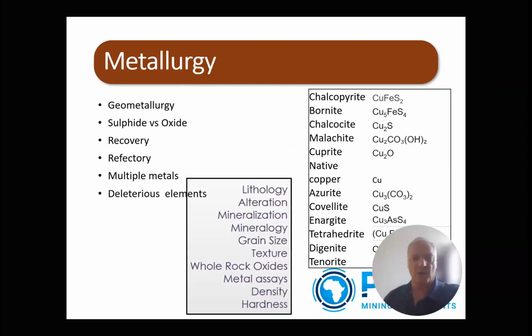Geometallurgy, I touched on briefly. So understanding the mineralogy of what is going to be extracted. Now I put up there some of the copper minerals. Now each one of those is different. They're copper oxides, hydroxides, and sulfides. And if you've got a number of them, you might well not be in a position to have a single metallurgical flow sheet. So that might well be something you say that we can't do it.